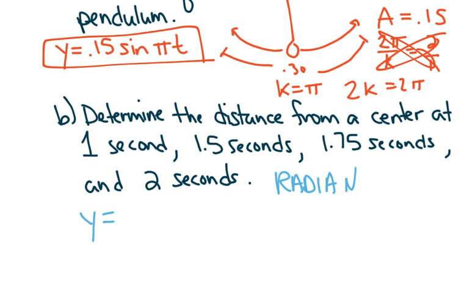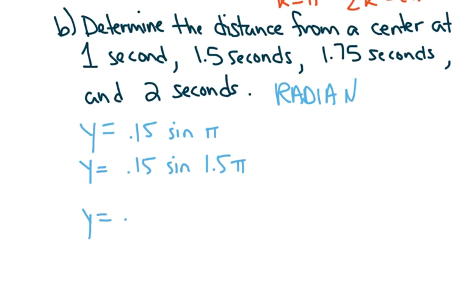So you're going to do y is equal to 0.15 sine of 1 pi. y is equal to 0.15 sine of 1.5 pi. y is equal to 0.15 sine of 1.75 pi. And y is equal to 0.15 sine of 2 pi. I realize it's pi times 1.5, but what difference does it make?